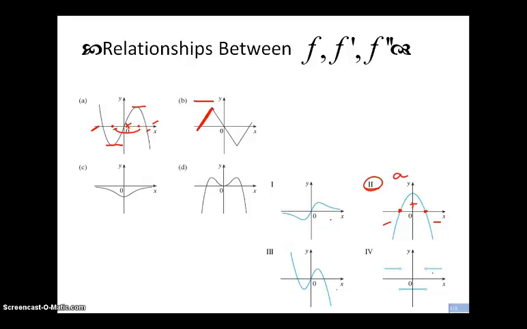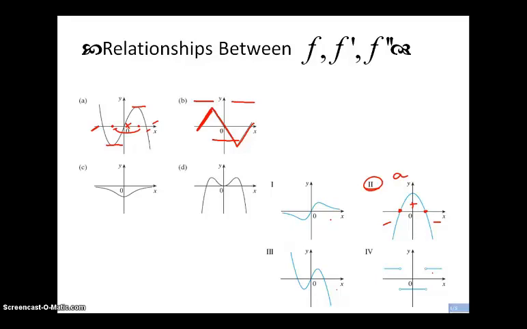Then this next piece, from that x value to this x value, the slope is negative. So I would expect that the derivative function would have outputs that are below the x-axis because those are negative outputs for a function. Here the original function has the positive slope again. It appears to be the same slope as this piece, so it's probably going to be on an even level.